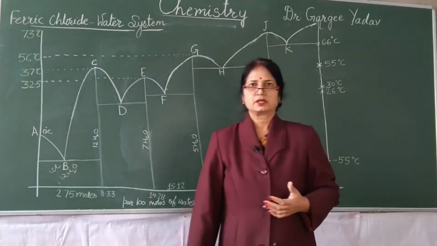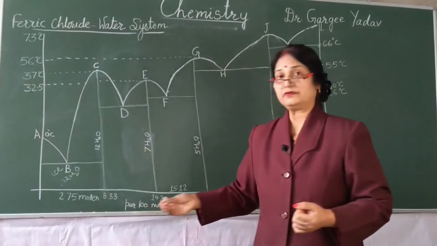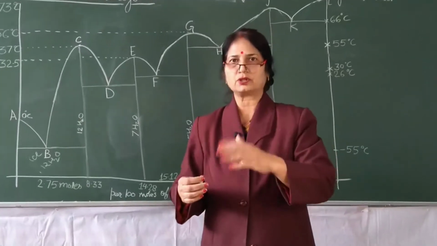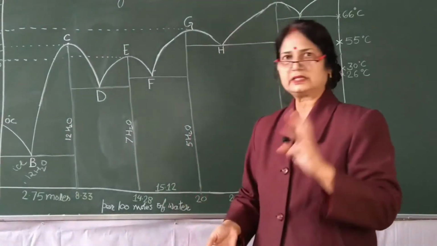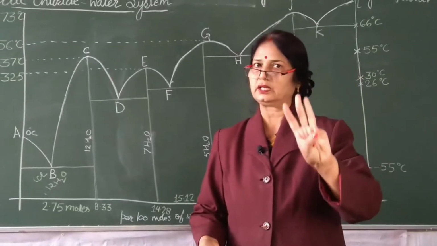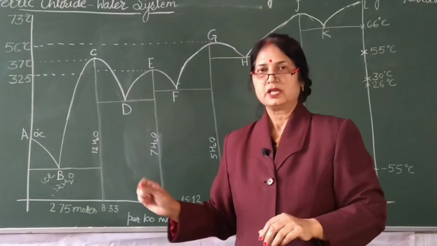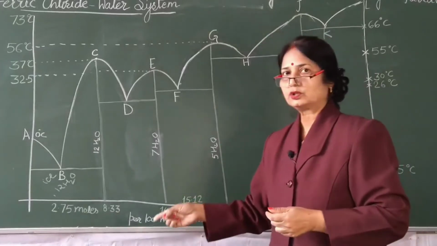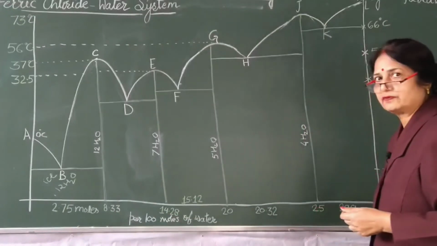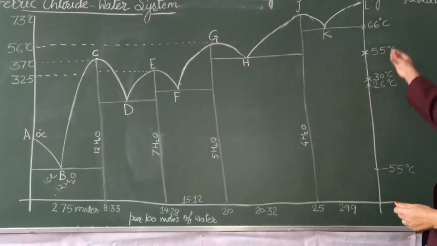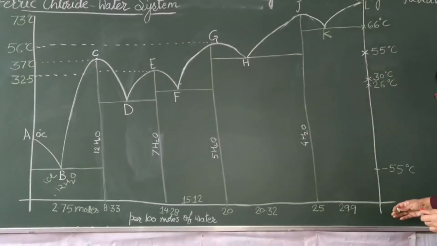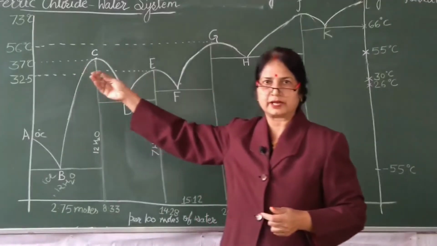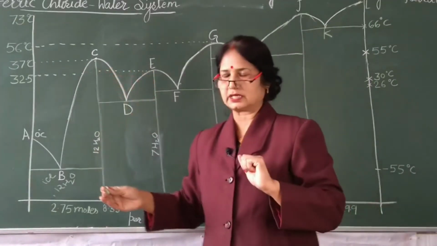So we will be having ice, we will be having dodecahydrate, as well as the unsaturated solution of ferric chloride. So in fact there will be 3 phases over here in equilibrium at point B. So this is our first eutectic point, which corresponds to a temperature of -55 degrees centigrade. You can see here I have represented all the eutectic points temperatures, and here I have represented all the congruent melting points temperatures for your easy understanding.